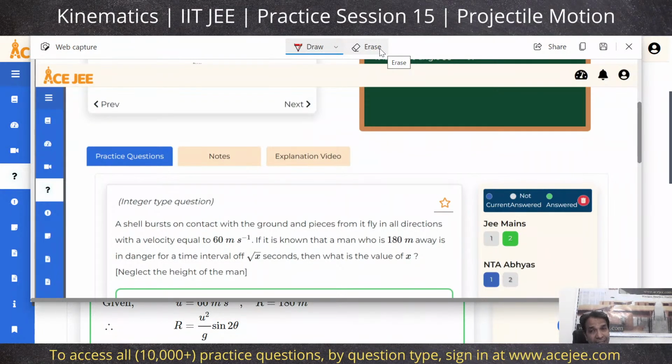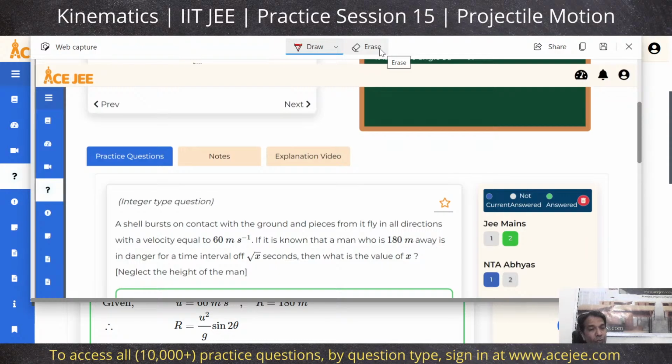And they will be passing it between these two time periods. So if the man is short or tall, it doesn't matter, any standard height, then truly that person is exposed for that time duration.